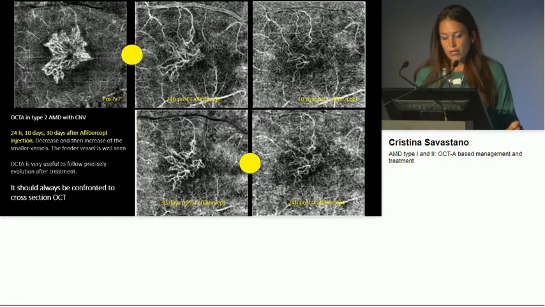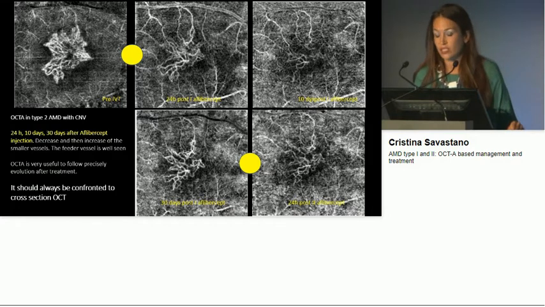Here we can observe the effect of anti-VEGF after 24 hours post-injection. We can observe the decrease of dimension of CNV activity with the reduction of small vessels all around.